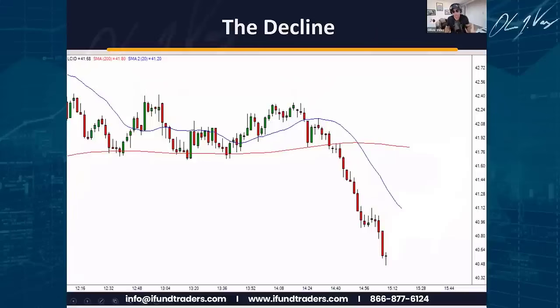Now, the first thing in order to pick a bottom is that you need a decline. You need a stock or any item that you trade to be declining, and you preferably want a very thorough decline. This tactic is less reliable if we're talking about mild pullbacks. I'm not talking about picking local bottoms.